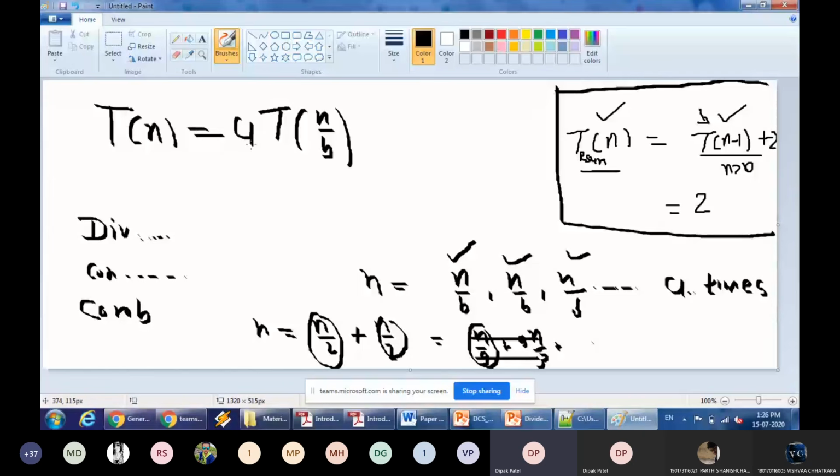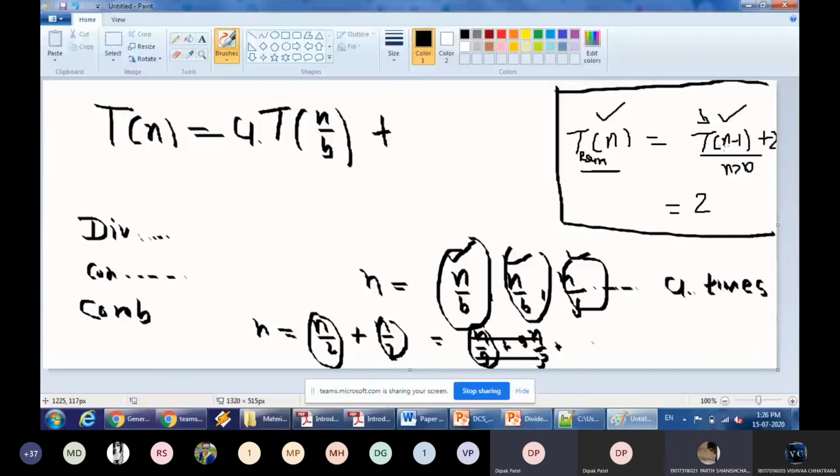Plus, this is considered as the conquer step. You have created multiple partitions, and to solve these partitions n by b, a times, we have this much time required. That's the same as that recursive sum algorithm. Are you following me or not?